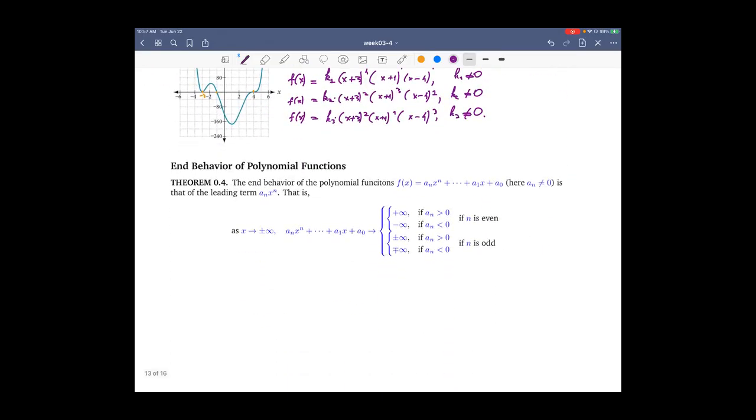Much like for power functions, it will be of great interest to us to look at end behavior of the polynomial functions. Surprisingly, the end behavior of a polynomial function is completely determined by the leading term.